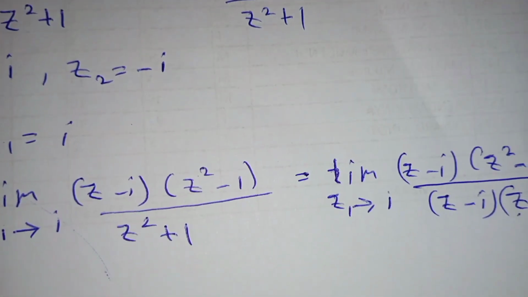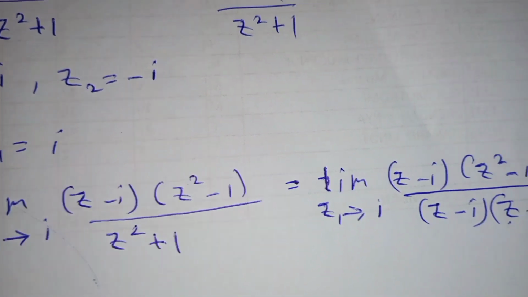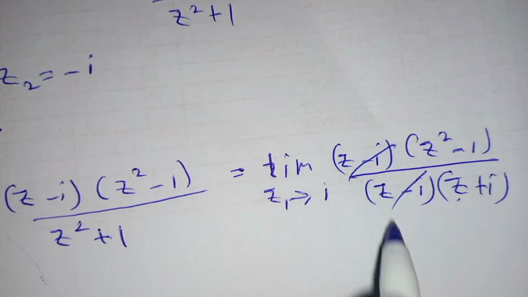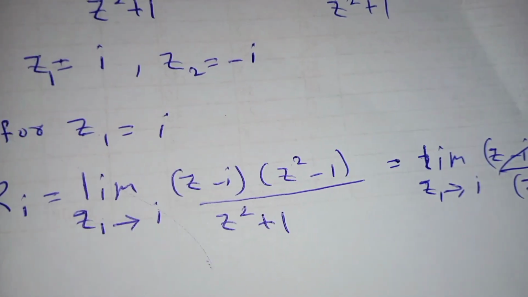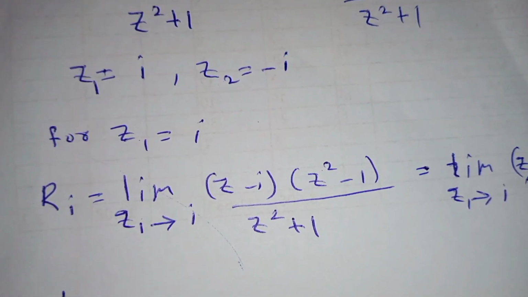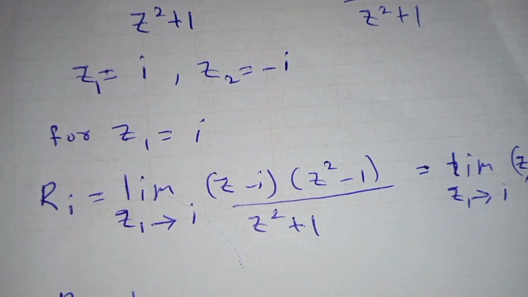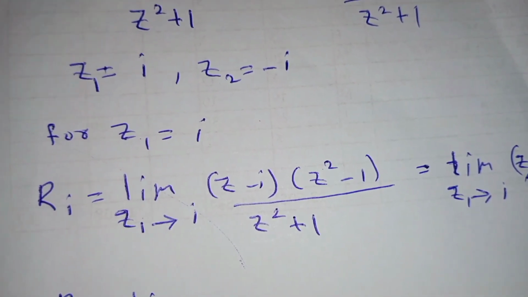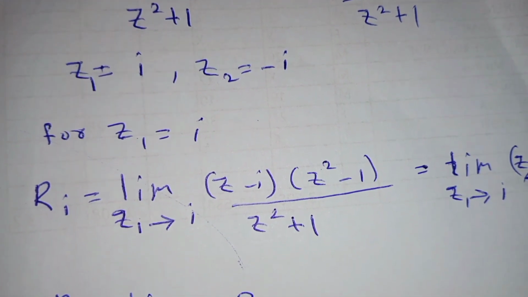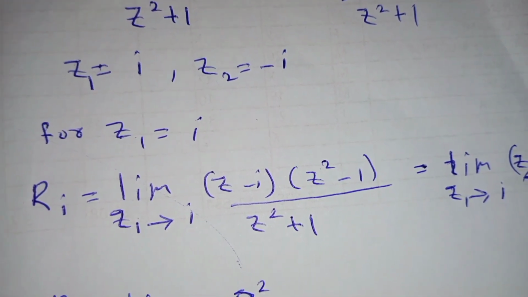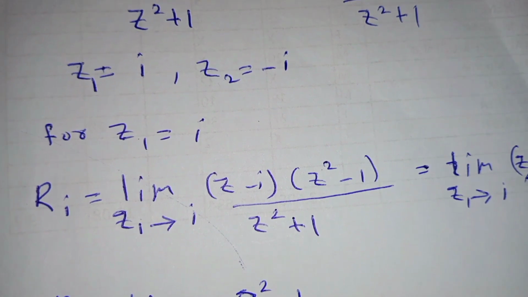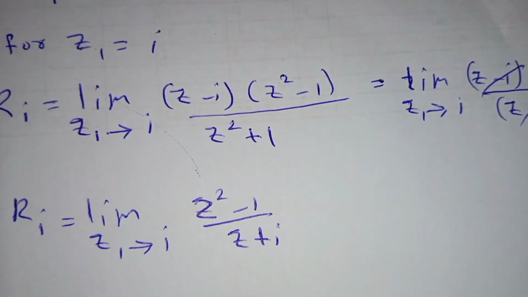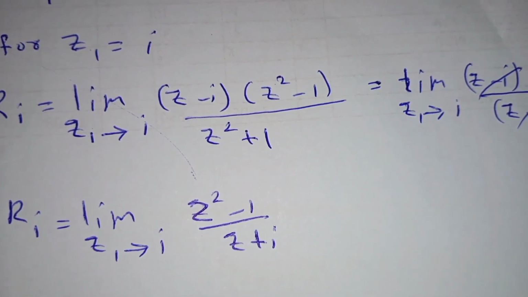After expanding, you can see this part here will cancel out, so that now we are left with the residue at i, which is given by the limit as z tends to i of (z squared minus 1) divided by (z plus i). So that is what we obtain.